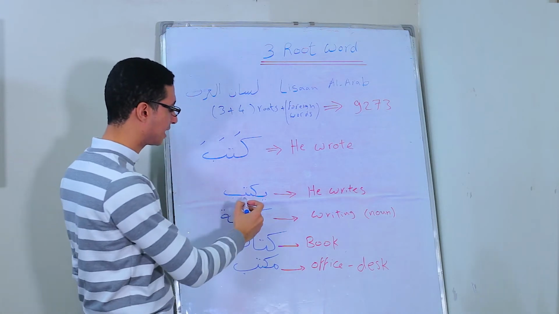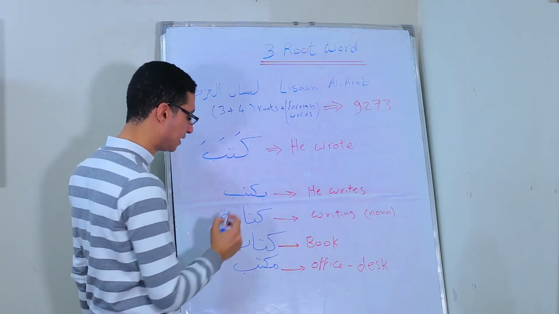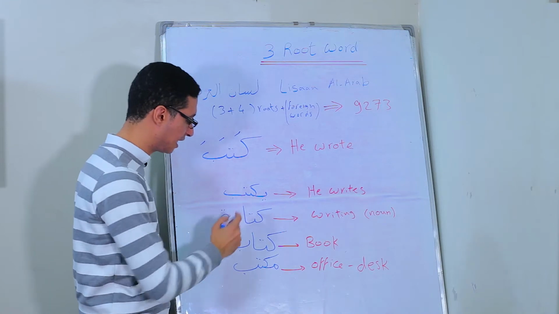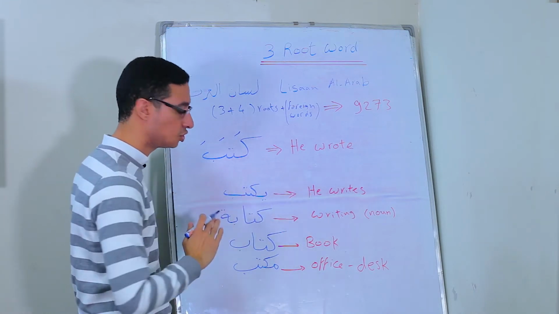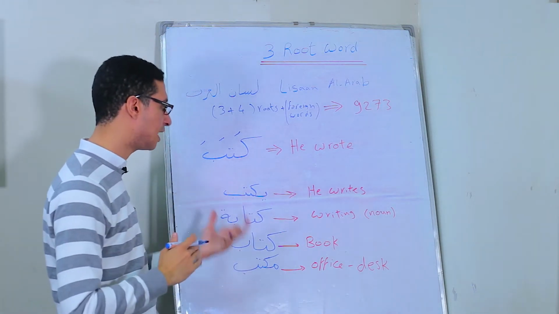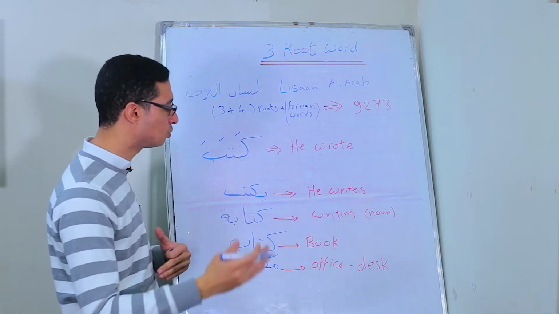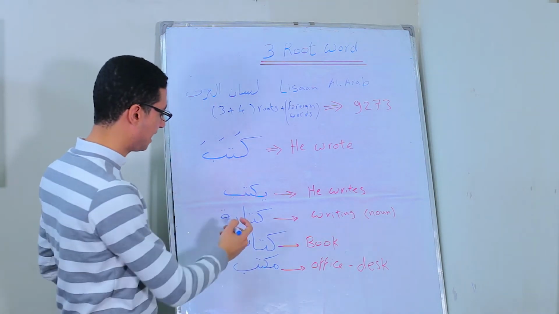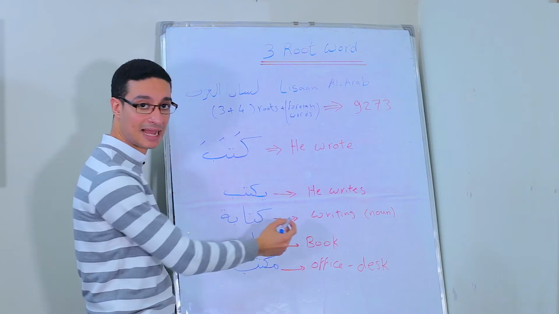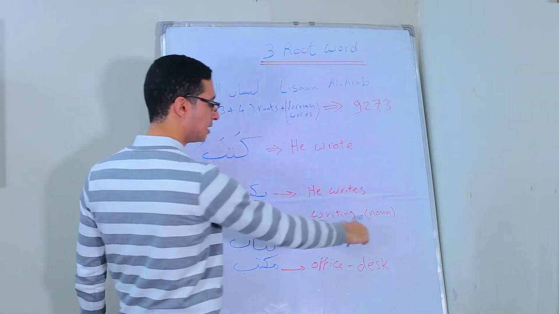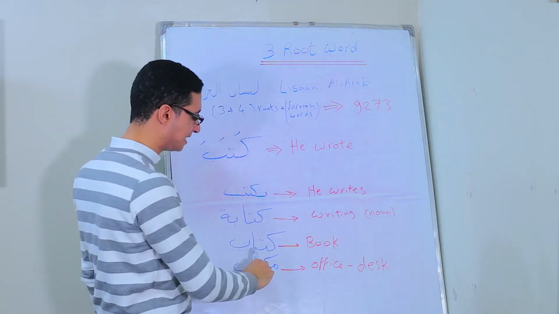Okay, so here yaktubu, he writes, and of course there are other conjugations with yaktubuna, they write, taktubu, she writes, and others. And here kitaba, this is a noun, it means writing, and kitab, a book.